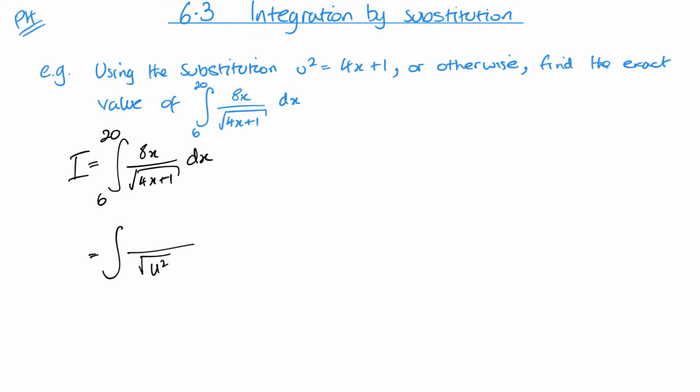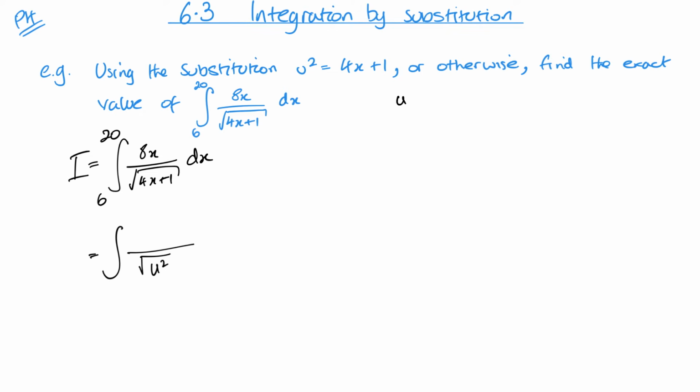Now, the 8x is a little bit of an issue. You might initially think, right, I'm going to have to take the square root of this, but we also need to deal with this dx. So before we start rearranging this for this 8x, let's deal with the dx first.